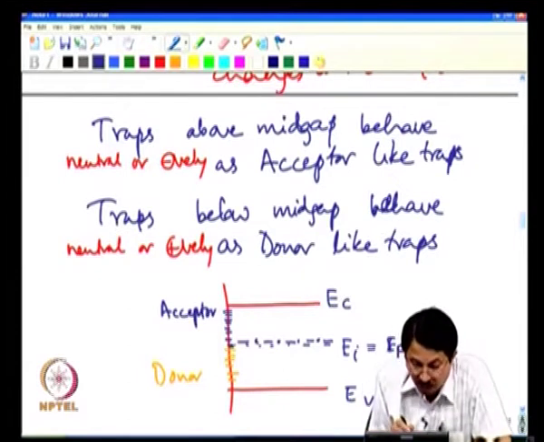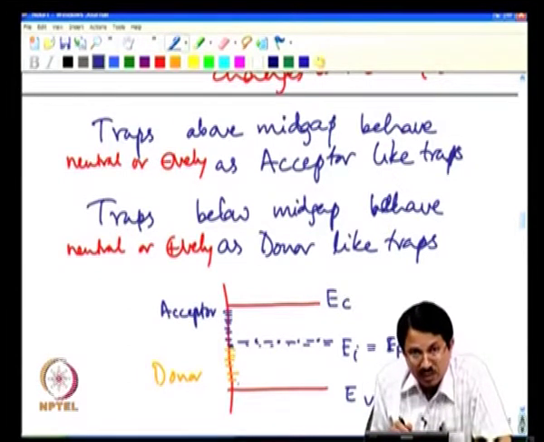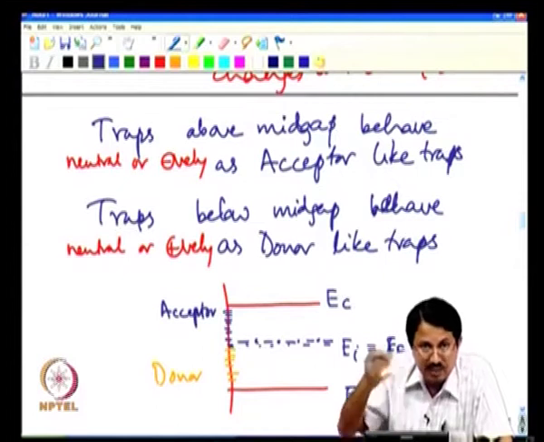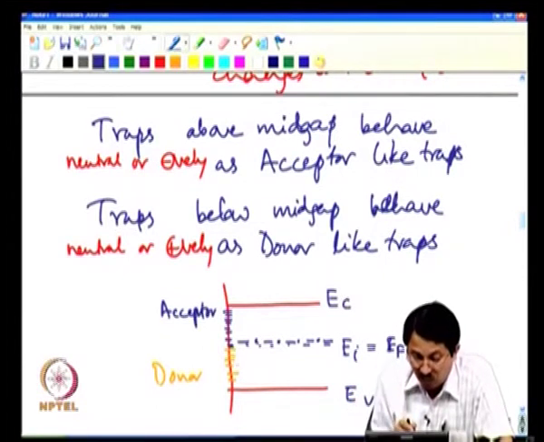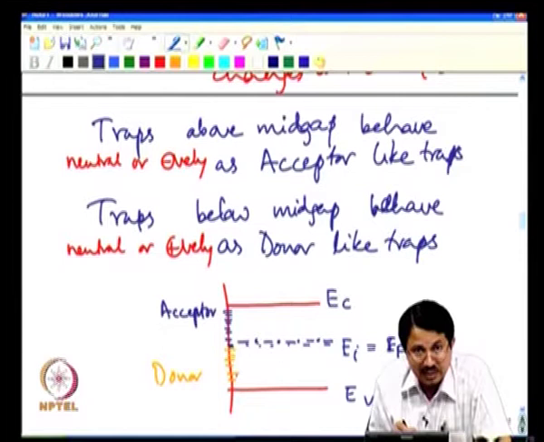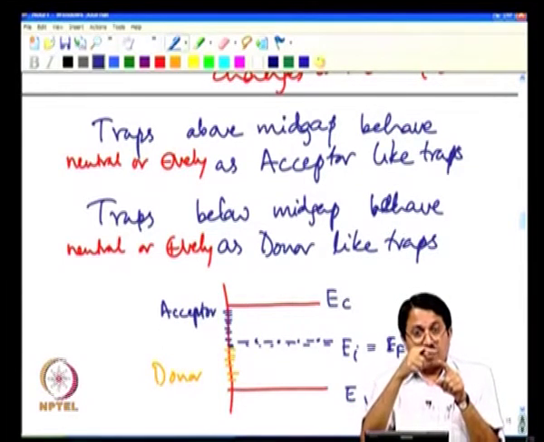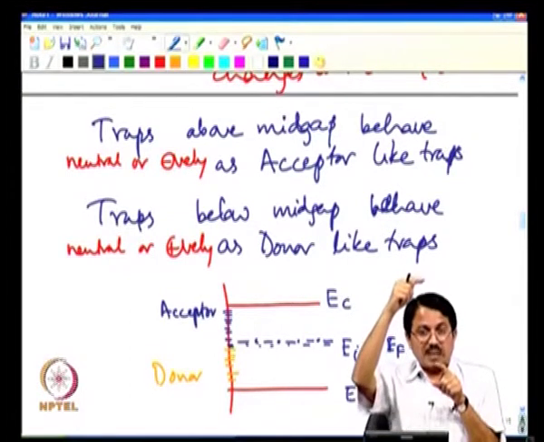Okay. When this starts coming down, these acceptor states continue to be neutral because they are anyway empty, they continue to be empty, but some of these donor states are now getting uncovered, they will leave out an electron. Now, more particularly when this comes all the way down, that is what happens in an accumulation condition. In an accumulation condition, bands are bending at the surface, Fermi level is very close to valence band, meaning most of the traps are empty.